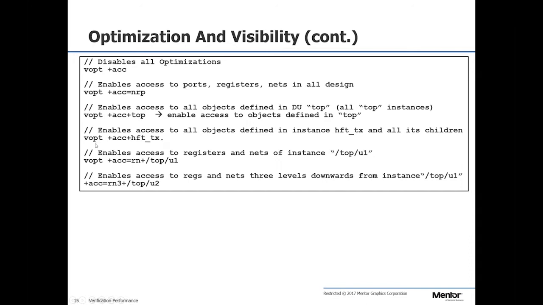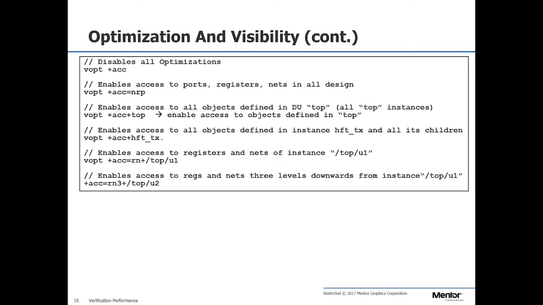So what happens now is when I go to optimize the design, it's going to say, here's this whole design. HFTTX is 10% of the design up here at the top level. I'm going to preserve all of the signals in there and all of its children. That's what this little dot is. But I'm going to let 90% of the design be fully optimized.